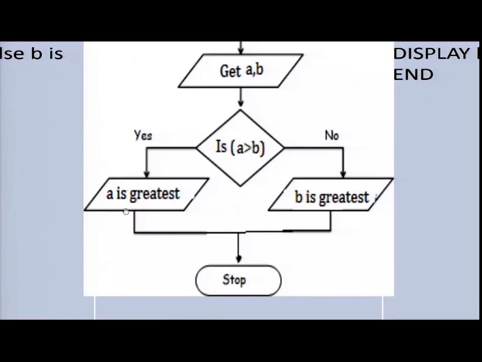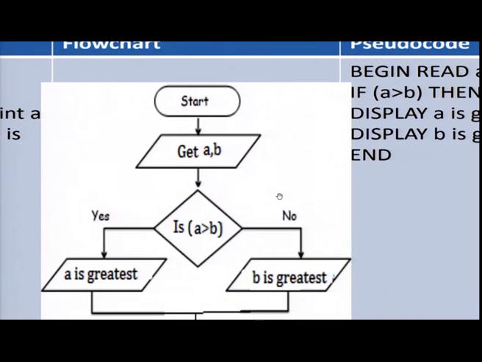In the diamond sign, if the decision is correct, then it goes over here. In the decision symbol, you have two different leads. One lead determines the positive, the second lead determines the else part. So this is how you are supposed to write the flowchart.